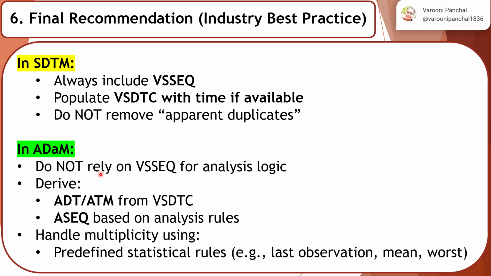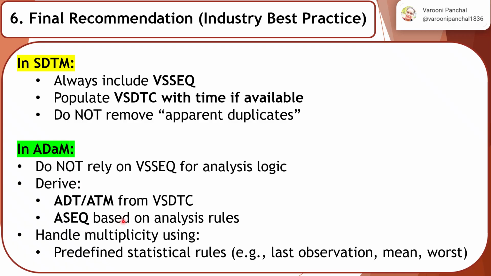In ADaM datasets, we generally don't rely on VSSEQ for analysis logic, right? The best practice is to derive the sequence in the ADaM datasets and not rely on the SDTM VSSEQ variable. Now we generally derive ADT and ATM from VSDTC. VSDTC is nothing but the date and time character variable from the SDTM, and we capture the date in ADT and the time part in ATM in the ADaM datasets, right?